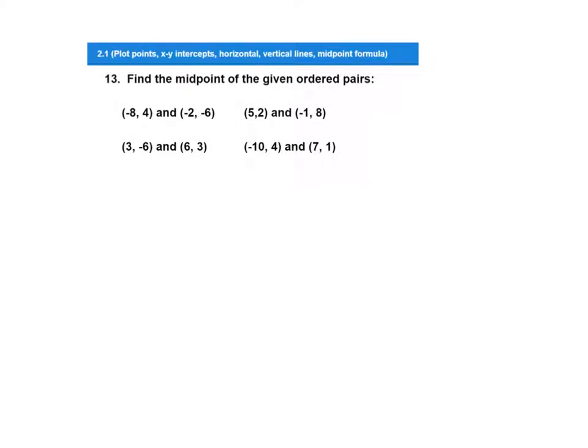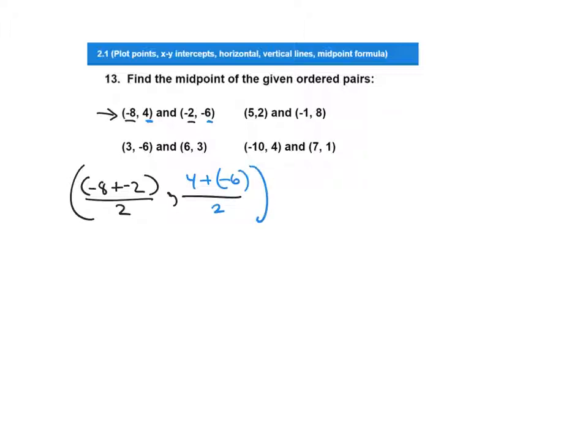All right, so 13, let's look at this first one. I want to find the sum of -8 and -2, and I want to take half of it, and then I want to take y and y, so that would be 4 plus -6 divided by 2.